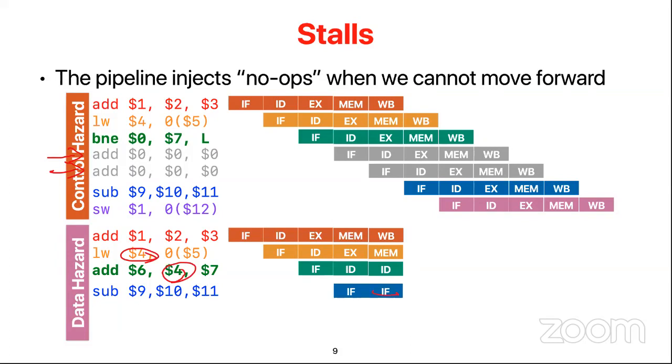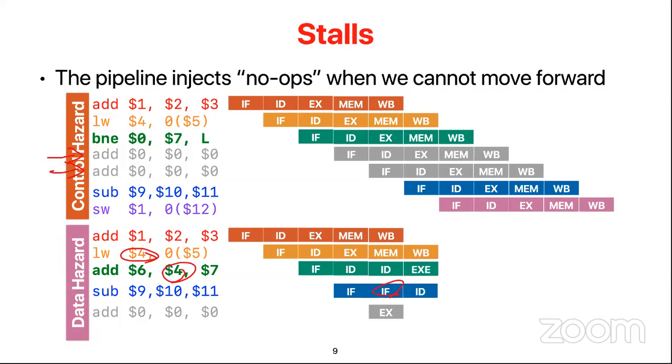So in this way, your PC has to stay at the same instruction. In the meantime, in the execution stage, you want to insert a no-op, zeroing out your pipeline register, to make sure that some random value in your circuit won't affect your correct result. This is important: you want to insert no-ops whenever appropriate.